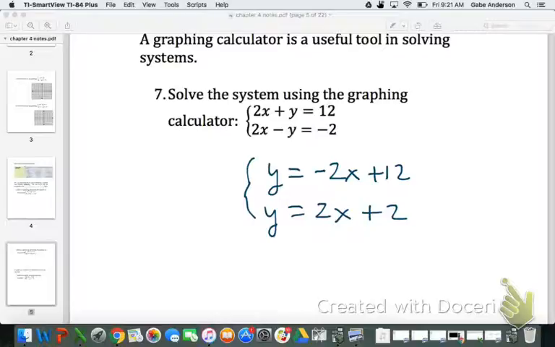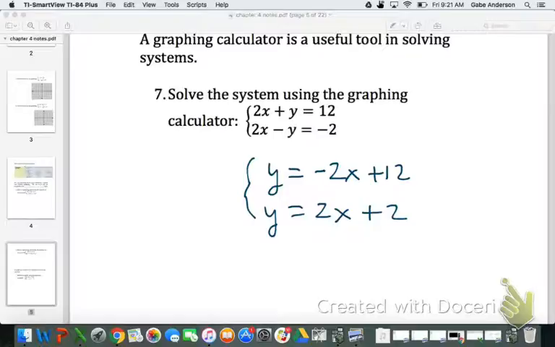I've got mine up there. You can feel free to check. Don't forget there's that negative on the y, so that'll change things a little bit there. We good? In order for the calculator to be so nice for you, you've got to be in slope-intercept form.